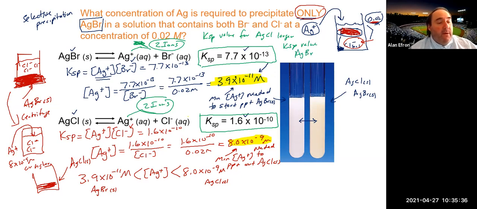If you remember, the one with the larger K value, a large K value means that we mainly have products. And since we have products, that means that we would expect silver chloride to be more soluble than silver bromide. And that is why in this particular question, it asks you to precipitate out first which one?